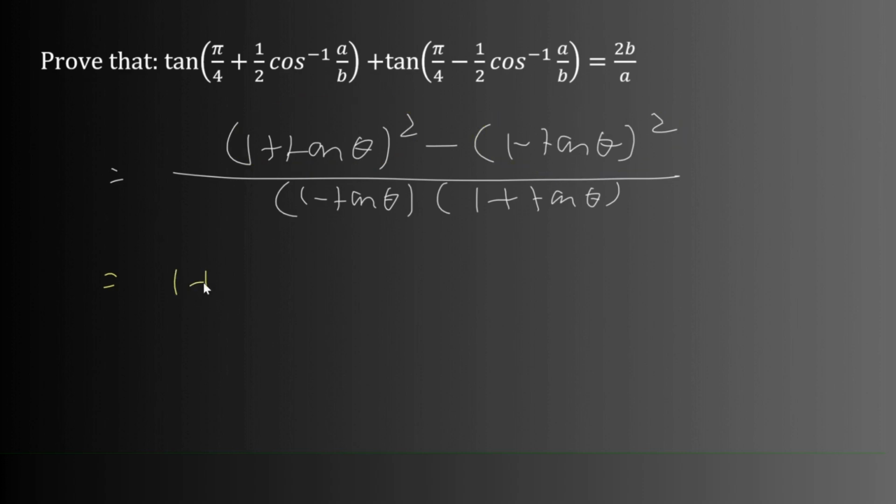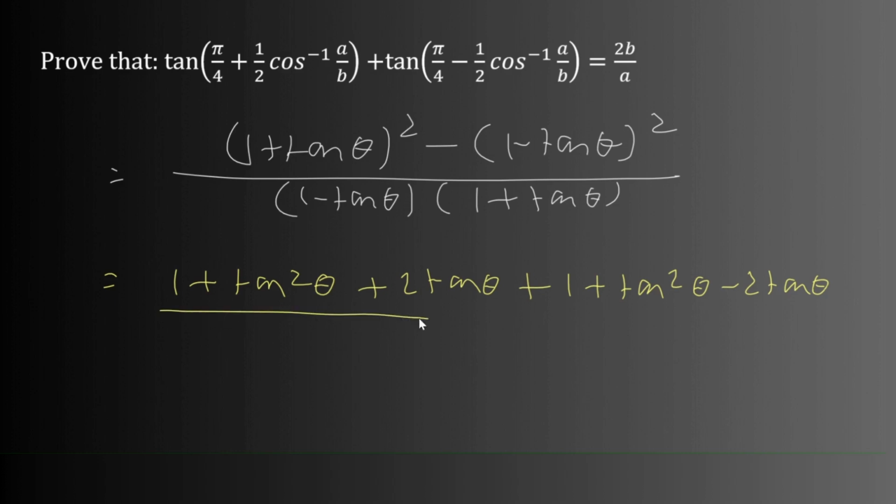What is a plus b whole square? A square, which is 1 in this case, plus b square, tan square theta, plus 2ab, which is 2 tan theta. Similarly, a minus b whole square is a square, that is 1, plus b square, tan square theta, minus 2ab, which is minus 2 tan theta. Now in the denominator, this is a plus b into a minus b, which is 1 minus tan square theta.